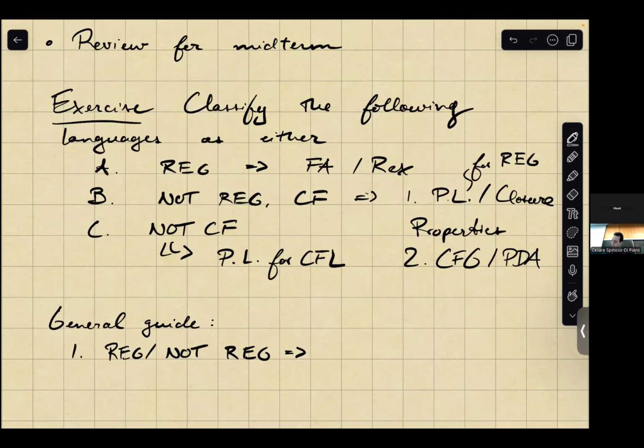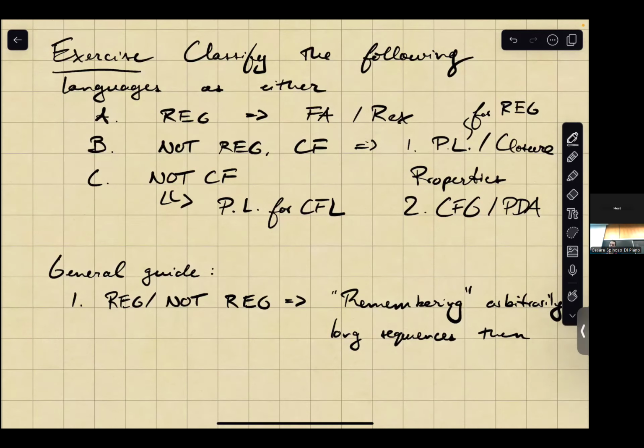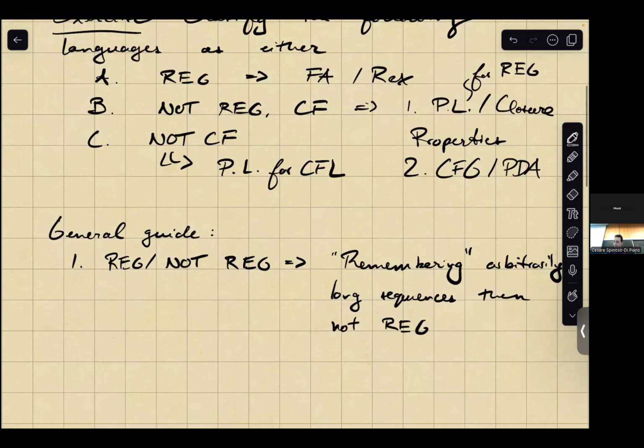So if it has to do with remembering arbitrarily long sequences, or for an arbitrarily long amount of time, then the intuition is probably that it's not regular, because DFAs are finite. They can only encode a finite amount of memory. That's the hint to tell you whether something is regular or not.